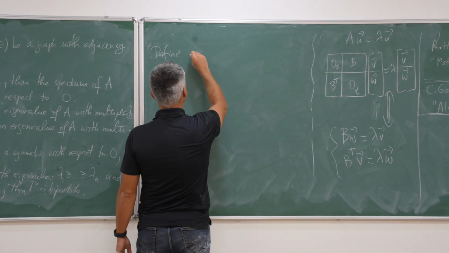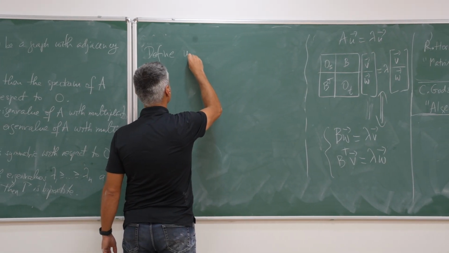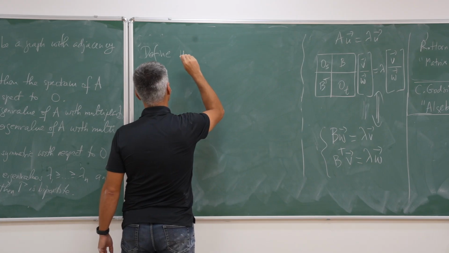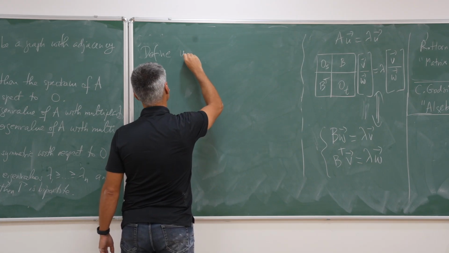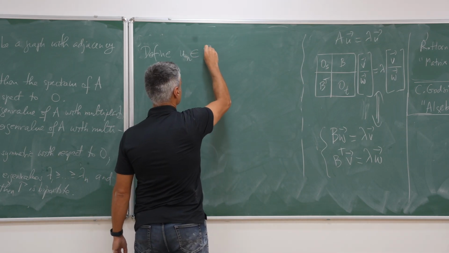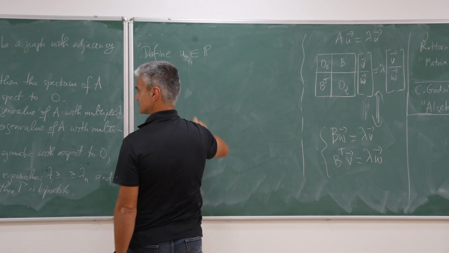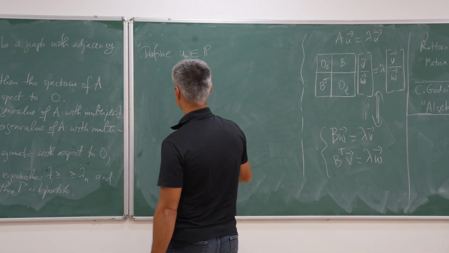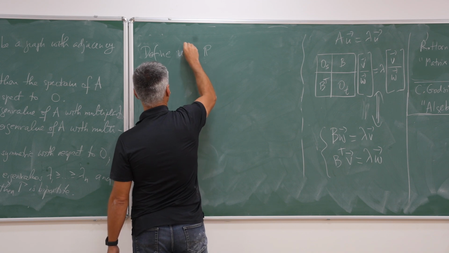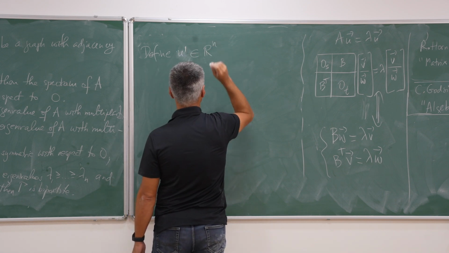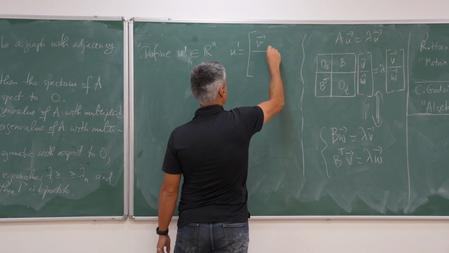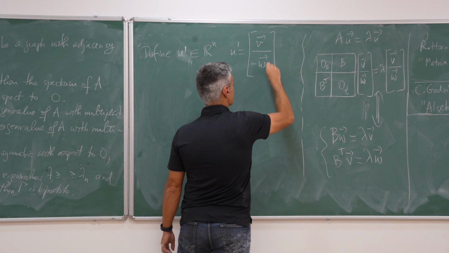Let's call it U prime. Define U prime in R^n. U prime is, I keep the v from the top, I take the negative w here.